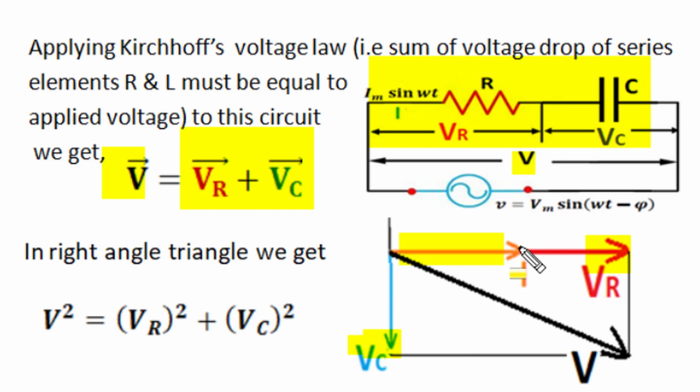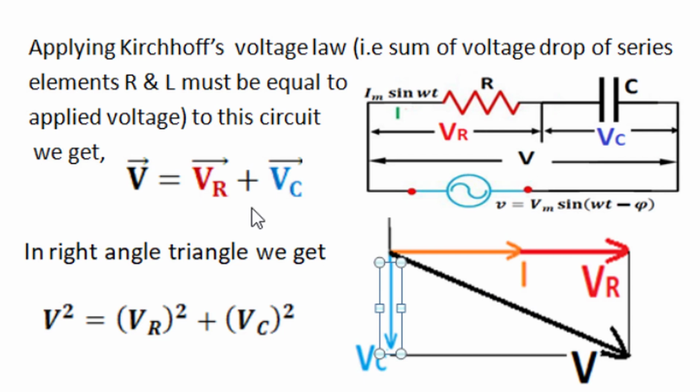The phasor sum of resistance voltage and capacitor voltage can be obtained when current phasor rotation is frozen at the horizontal reference line, and voltage of resistance and voltage of capacitor are as shown in their phasor positions. If rotating phasors are frozen, they are just like vectors, and for vector summation we can put the tail of capacitor voltage on the head of resistance voltage, and the tail of resistance voltage and head of capacitor voltage gives the phasor sum of RC series supply voltage.